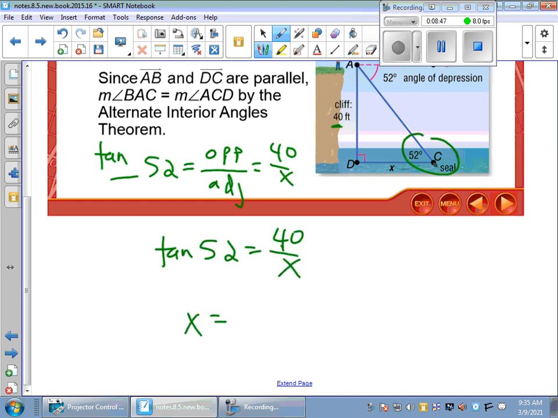Again, x equals 40 divided by the tangent of 52, and we should output an answer that x is about 31.3 feet.